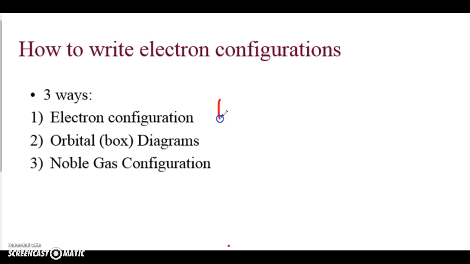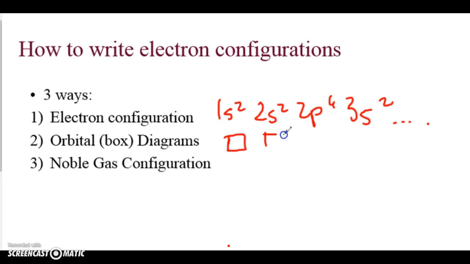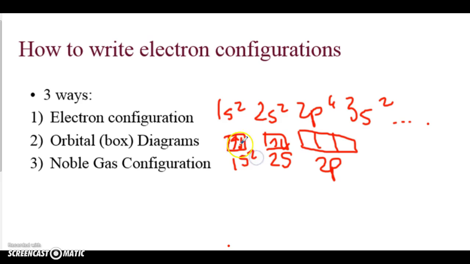When we ask for the electron configuration, that would be like 1s2, 2s2, 2p6, 3s2, etc. Orbital box diagrams would be drawing the boxes. These boxes represent the orbitals, and we would label them 1s, 2s, 2p. Then the electrons are in the boxes, so we wouldn't write 1s2 there.